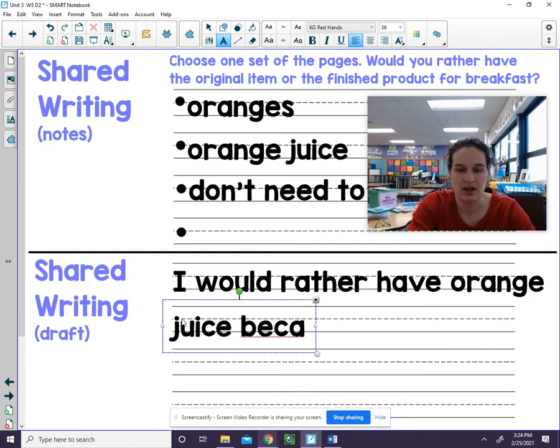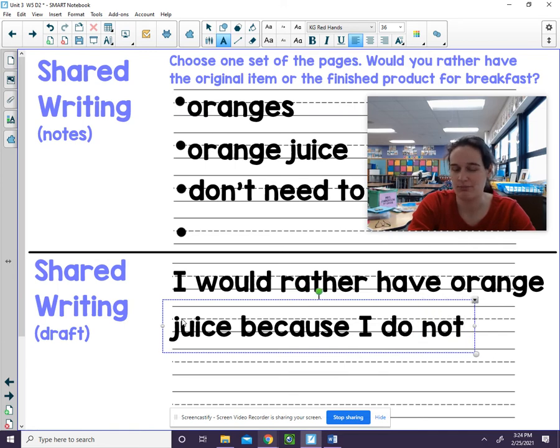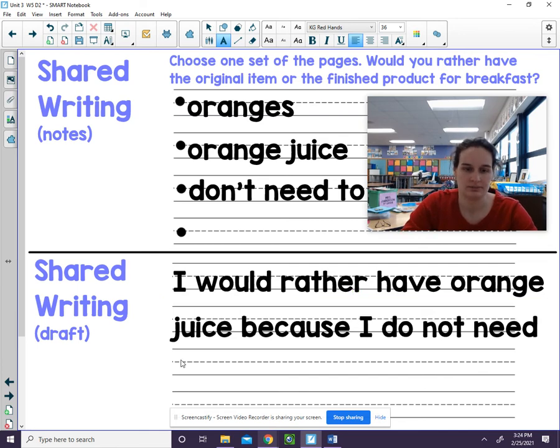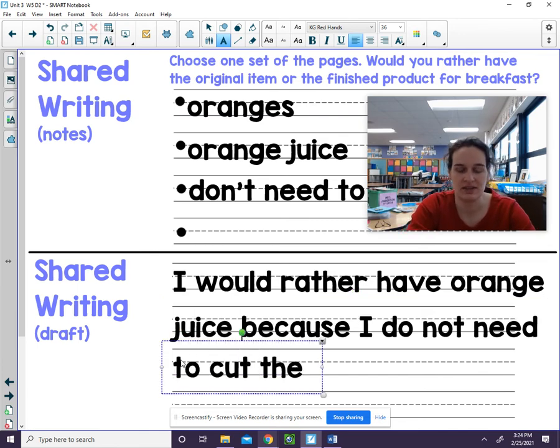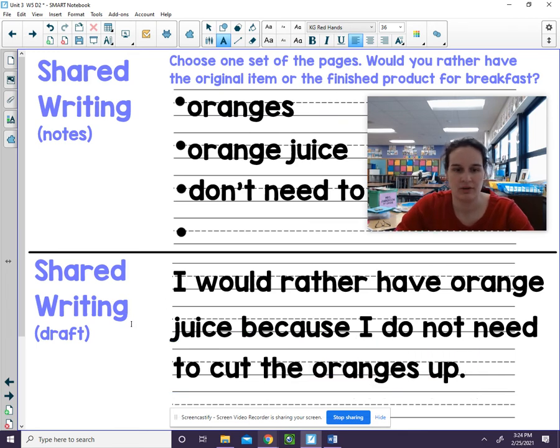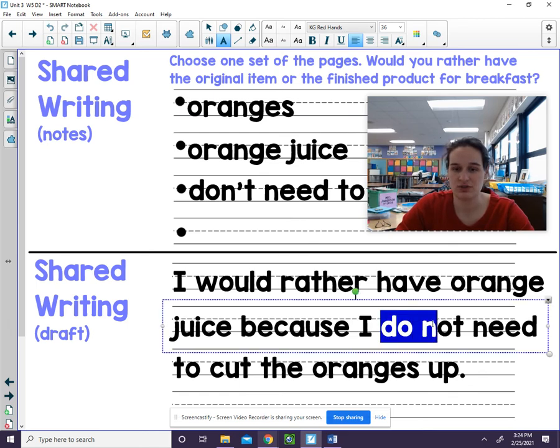And we're going to say because I do not, oh, but I don't have to say do not. Actually, I'm going to help me figure that out in a second. I do not need to cut the oranges. Okay, there's our answer.